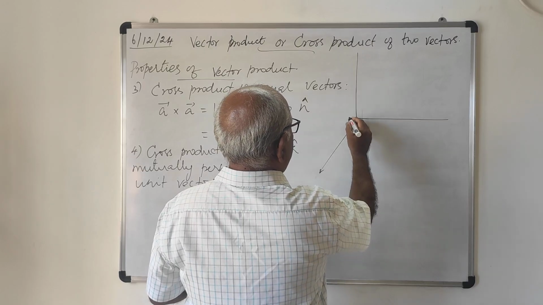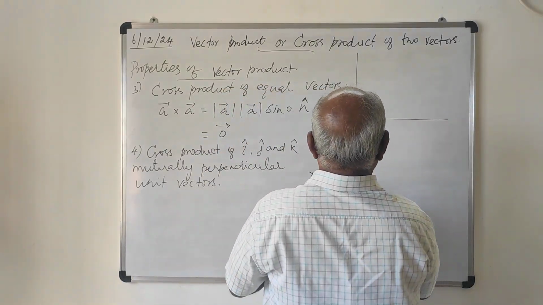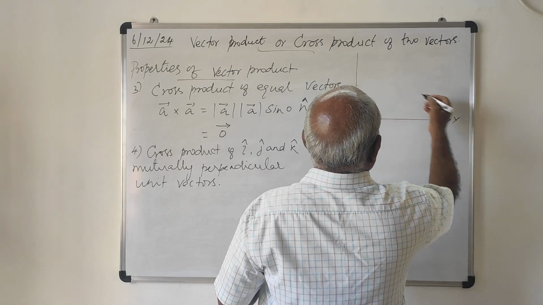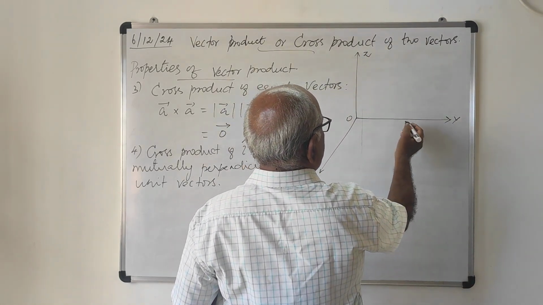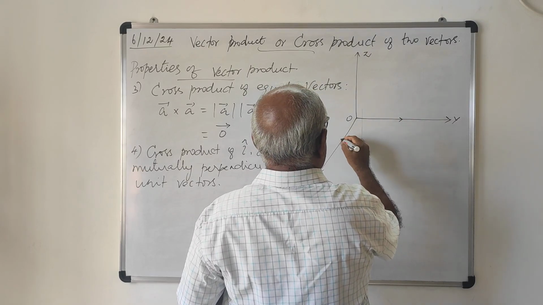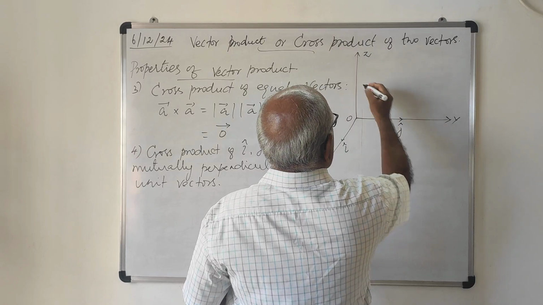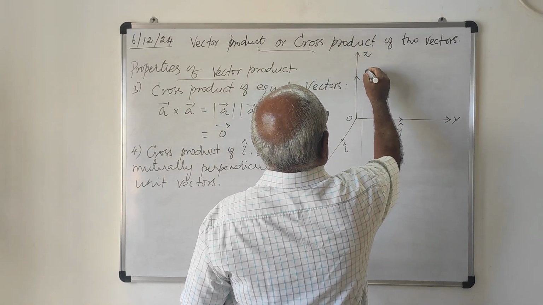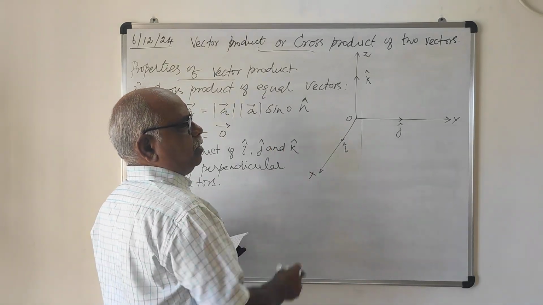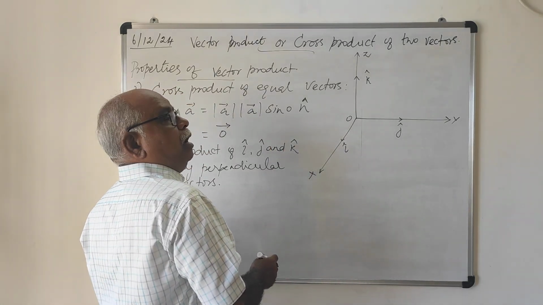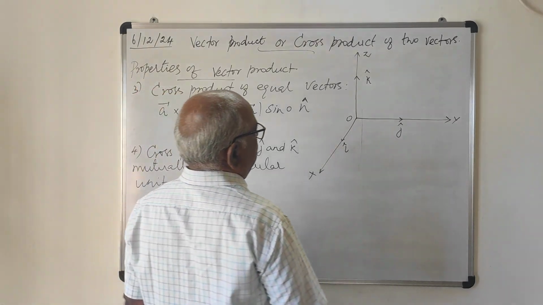This is OX axis, OY and OZ. These are three mutually perpendicular coordinate axes in space. On the x-axis you get i cap vector, on the y-axis you get j cap vector, and on the z-axis you get k cap vector. i, j, k are unit vectors which are mutually perpendicular, acting along the mutually perpendicular coordinate axes OX, OY, OZ.